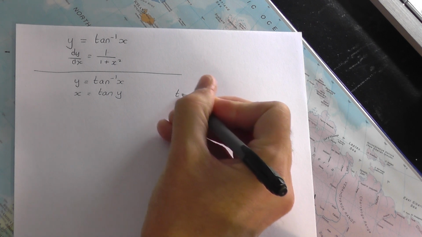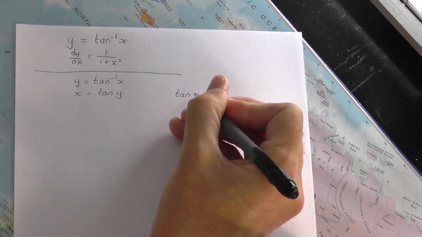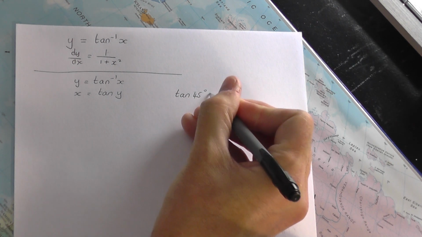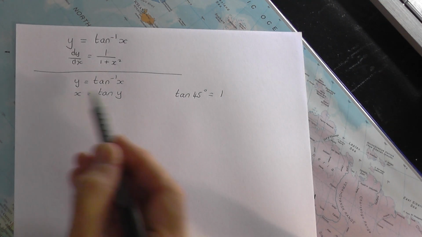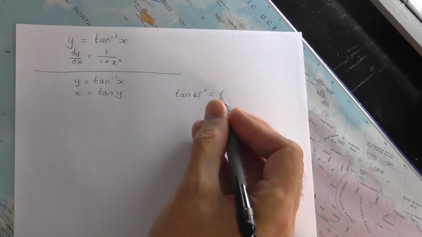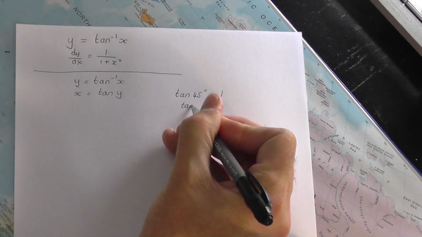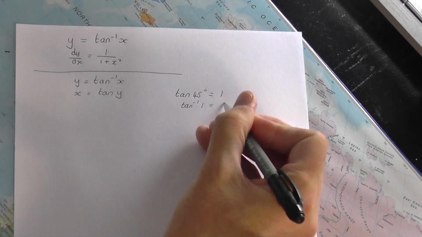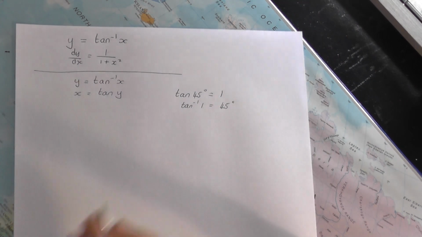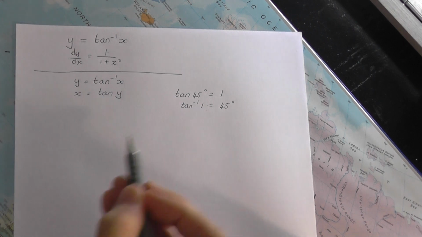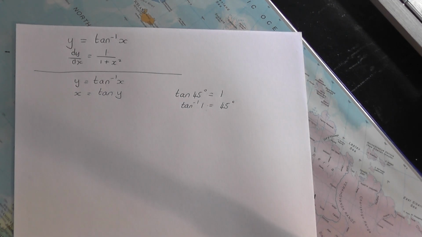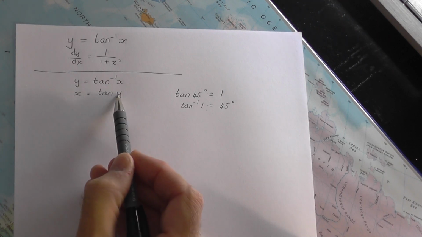For example, tan of 45 degrees is 1. If you rewrite that as an inverse function, then tan to the minus 1 of 1 is 45 degrees. Those two statements are equivalent. One involves the inverse tan and one involves the forward function tan.